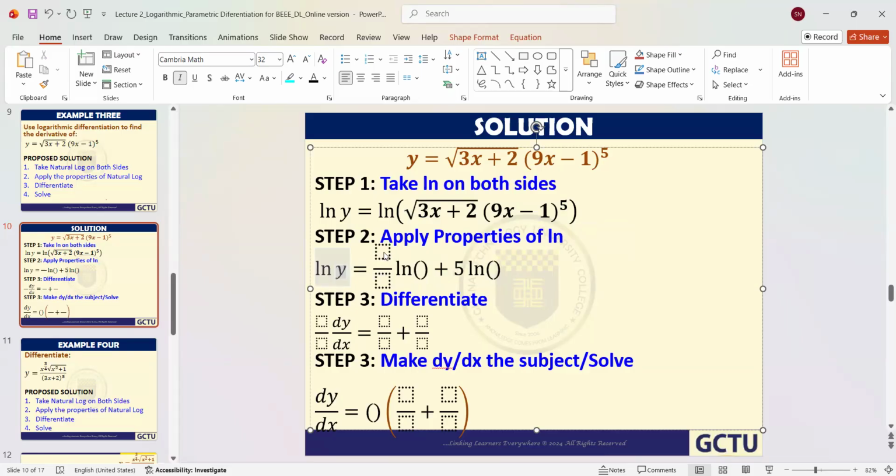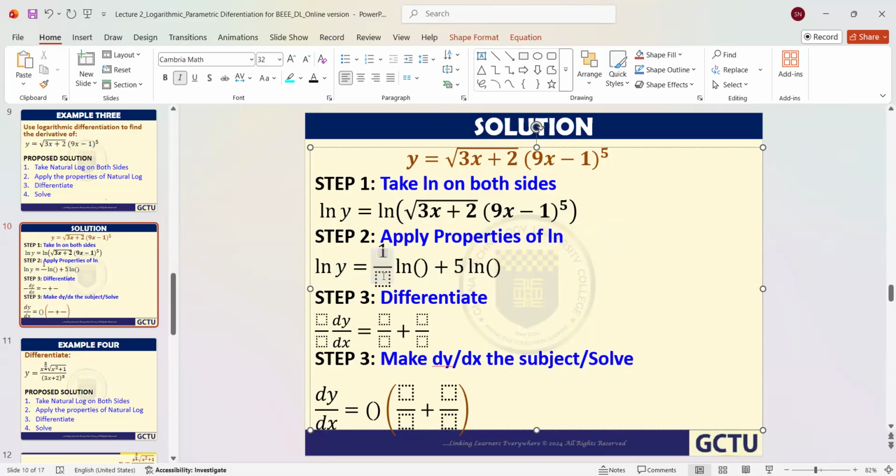And then the right-hand side, the power half becomes 1 over 2, and then in the brackets here, I'm going to have 3x plus 2. Now, on the right-hand side, the power 5 comes to multiply. I've written that already. And then in the brackets here, I'm going to have 9x minus 1.